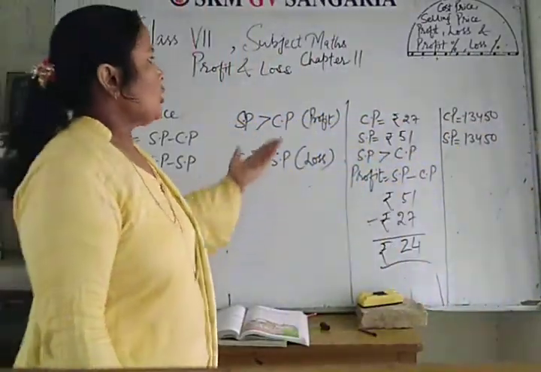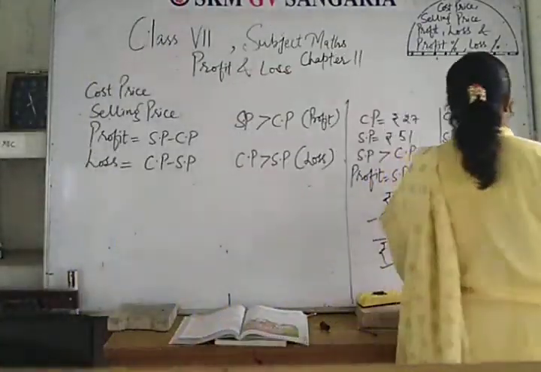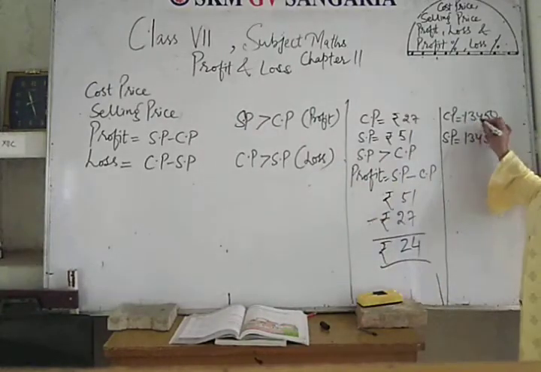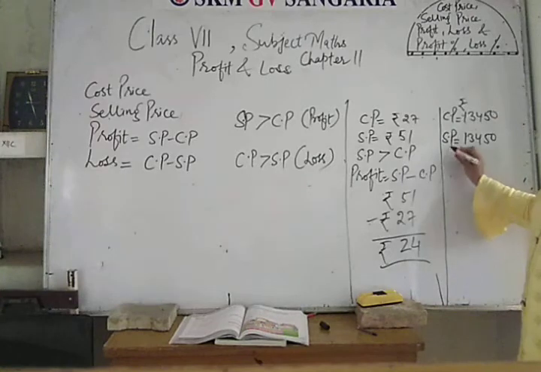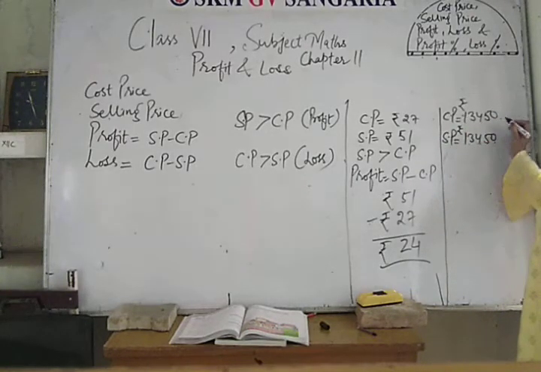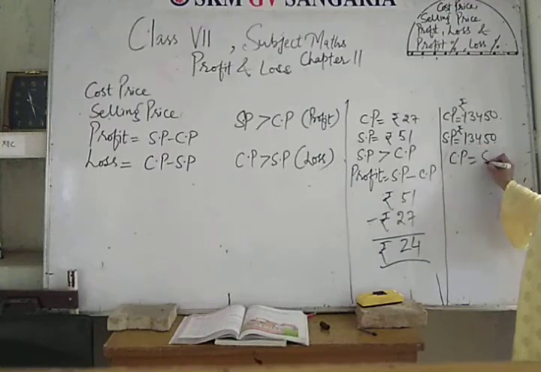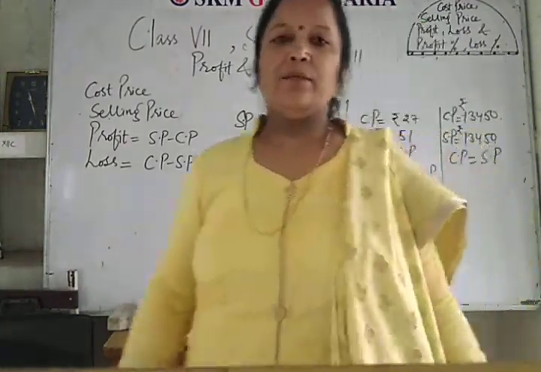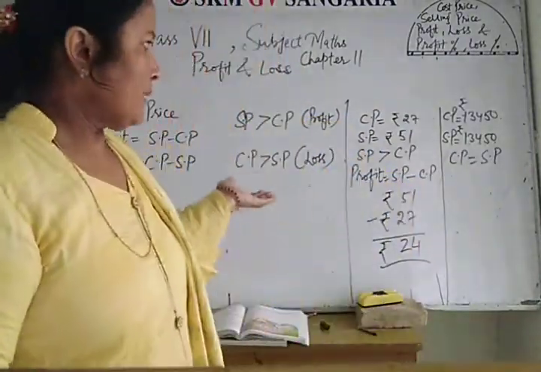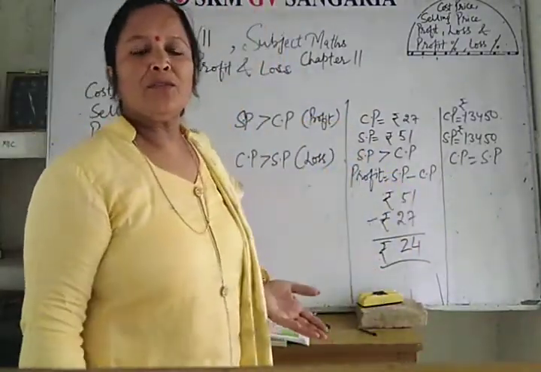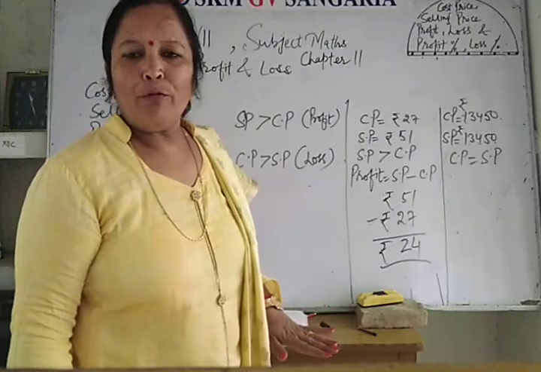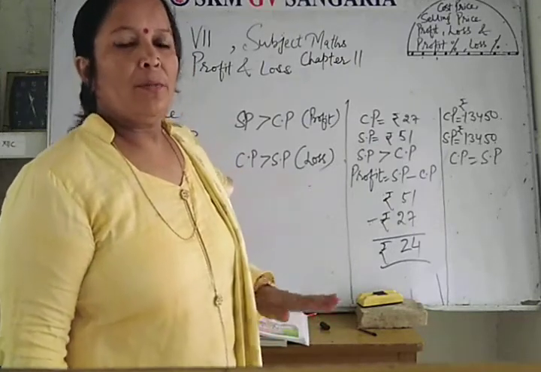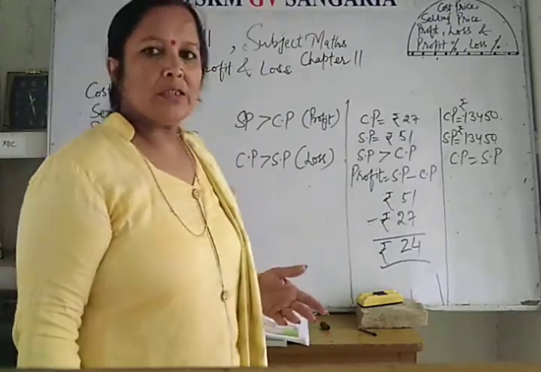When cost price is rupees 13,450 and selling price is rupees 13,450, selling price is equal to cost price, and in that situation there is no profit, no loss.